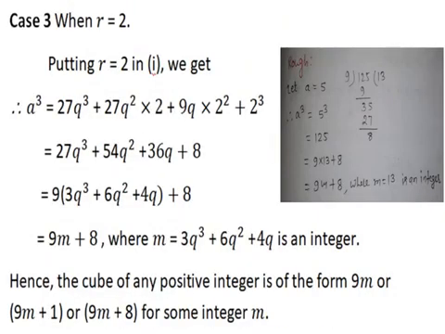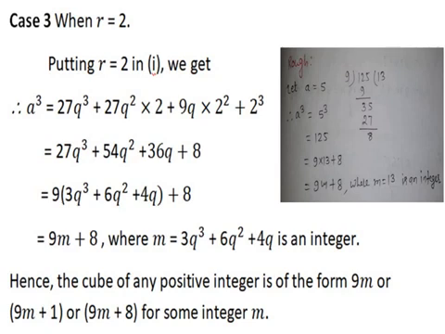Case third, when r is equal to 2, putting r is equal to 2 in equation first, we get a cube is equal to 27 q cube plus 27 q square into 2 plus 9q into 2 square plus 2 cube, equal to 27 q cube plus 54 q square plus 36q plus 8, equal to 9 into (3 q cube plus 6 q square plus 4q) plus 8, equal to 9m plus 8, where m is equal to 3 q cube plus 6 q square plus 4q, an integer.